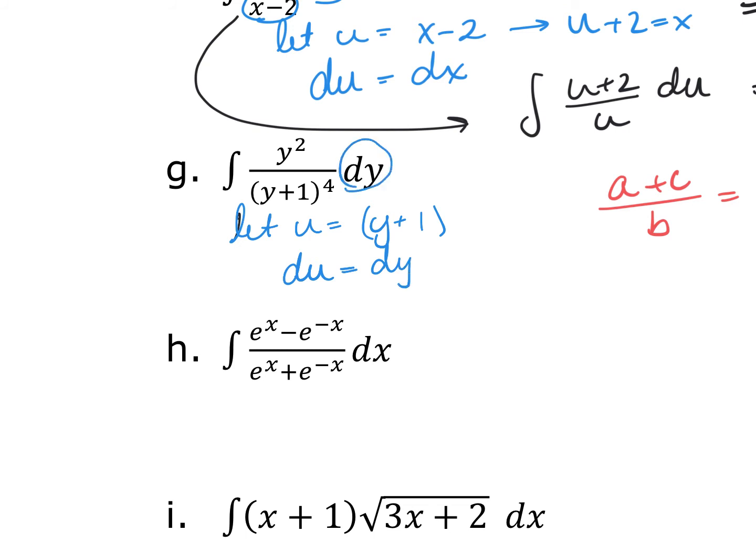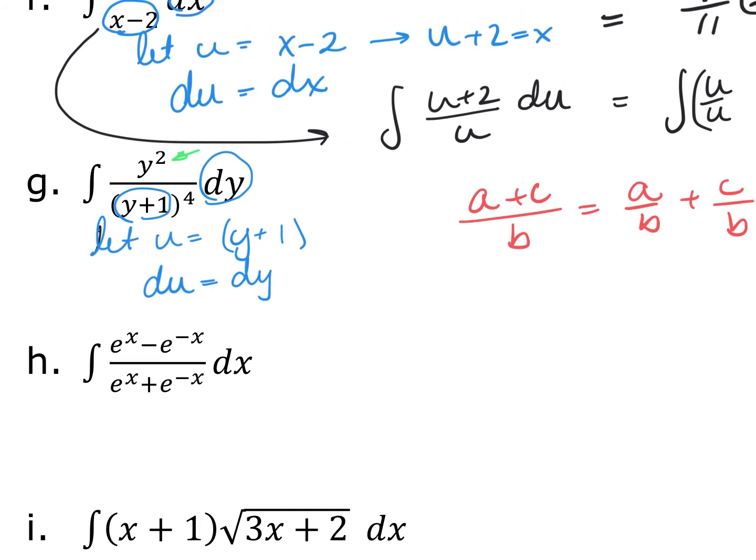So I have this replacement, I have this replacement, and of course I have this y hanging out. So I'm going to do the same thing as I did before in my previous example. I'm going to rewrite this y in terms of u. u minus 1 is equal to y.